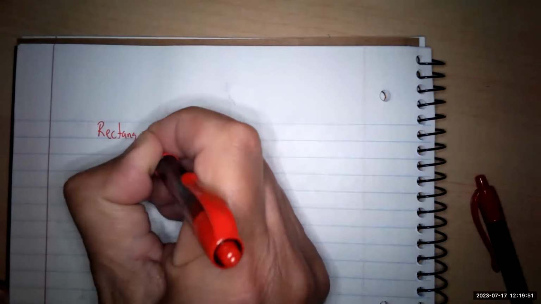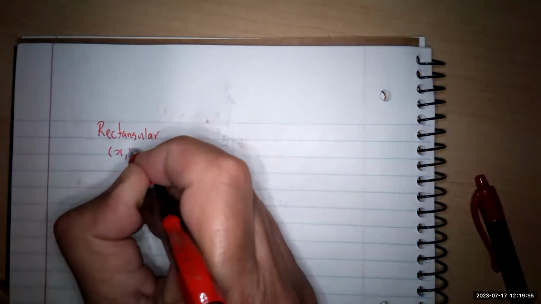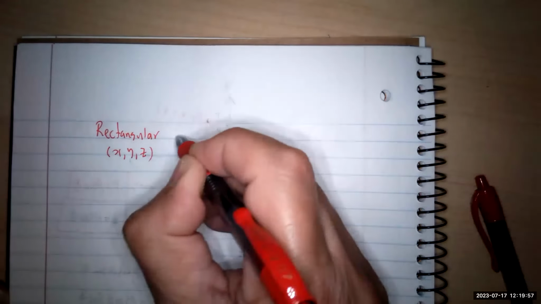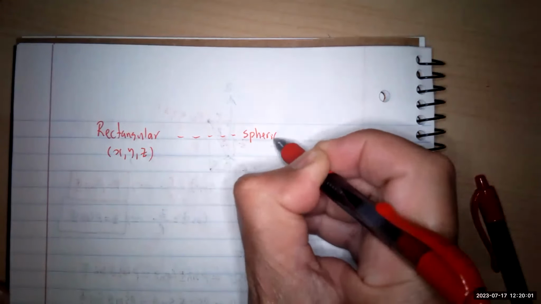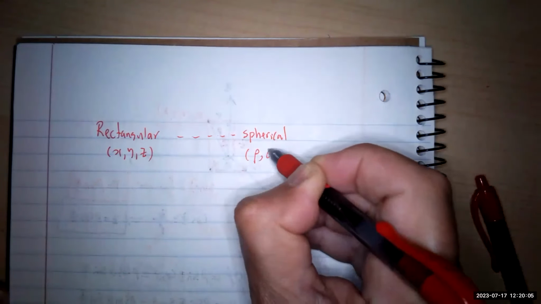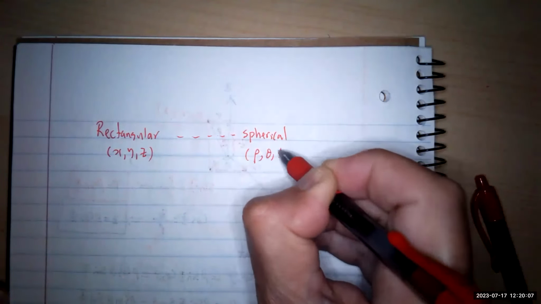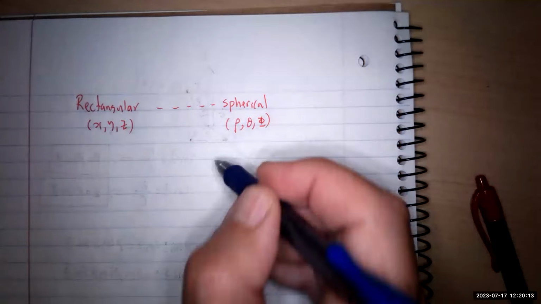The other one is you have the rectangular. If x, y, z is given and you want to change it to the spherical, which is going to be rho, theta, and phi, this is the way you're going to find them. You mostly do this one. So you have to find the rho.